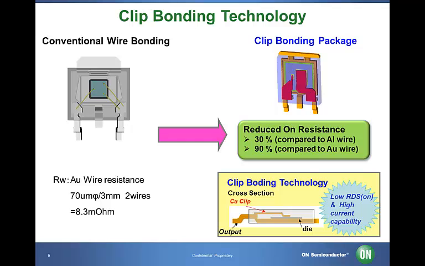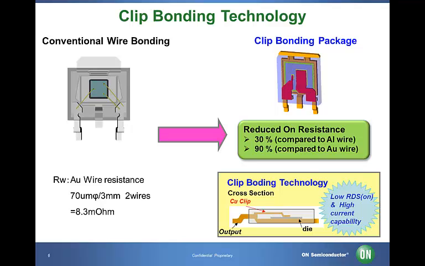In the ATPAK package with clip bonding technology, deploying a copper clip with a wider cross-section area compared to that of gold, copper, and aluminum wires results in a drastic reduction in the electrical resistance in the source-to-drain paths to the external pins.